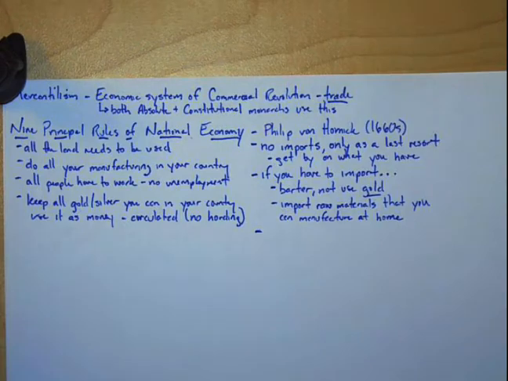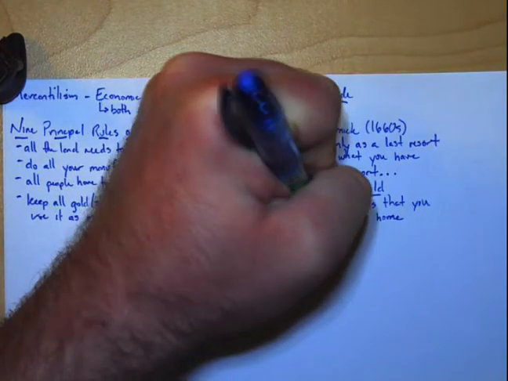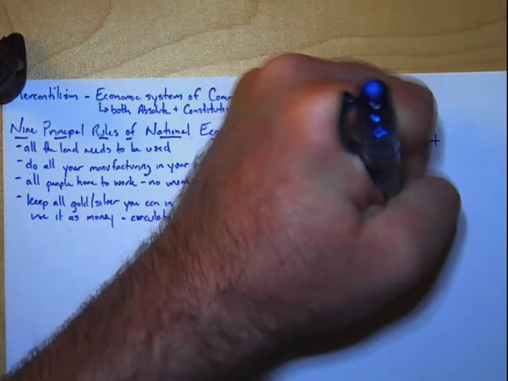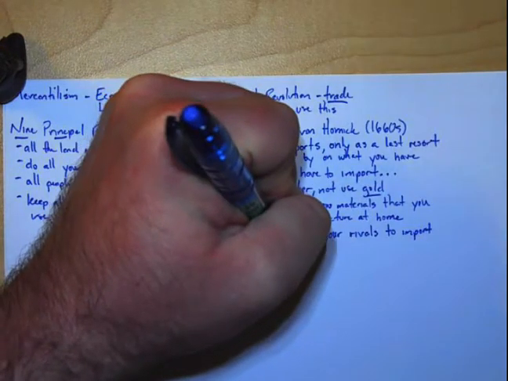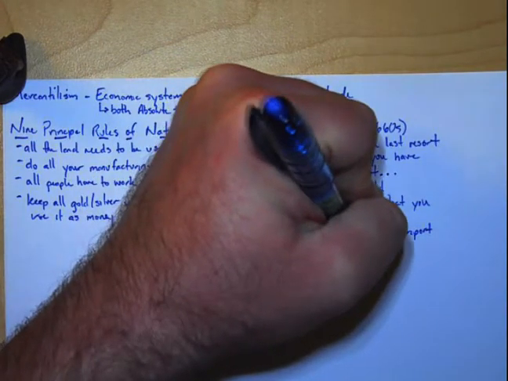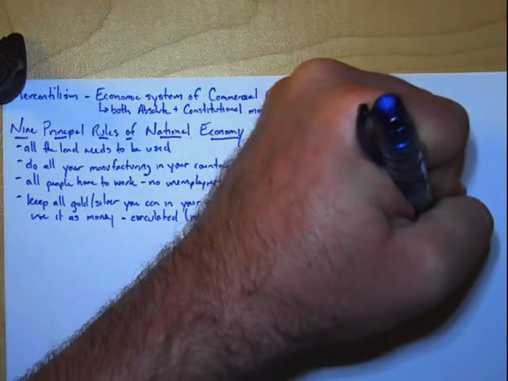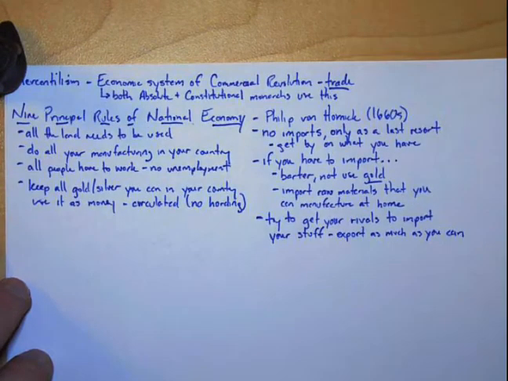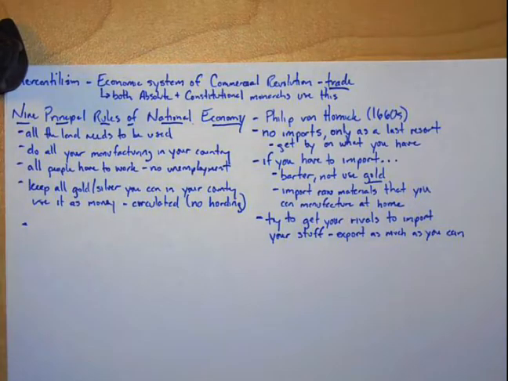The next rule, try to get your rivals to import your stuff. So try to export as much as possible. And then finally, the last rule, and I'll put it over here so it's kind of even.